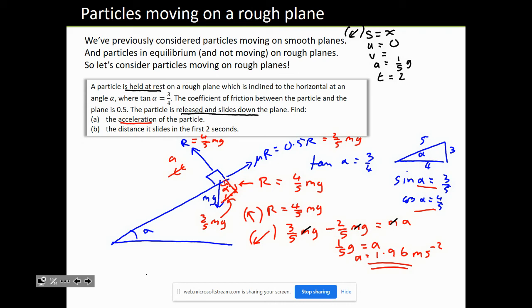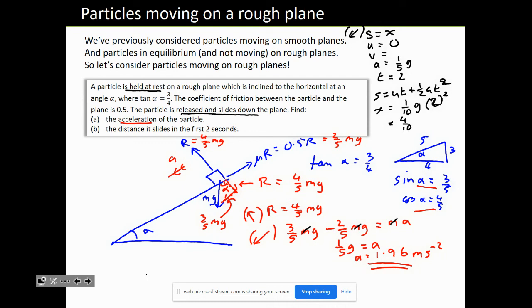So you can see S, U, A, and T. So S is ut plus half at squared. So S equals 0 times 2, which is 0, plus half a. Well, half of a is 1/10 g times t, which is 2 squared.